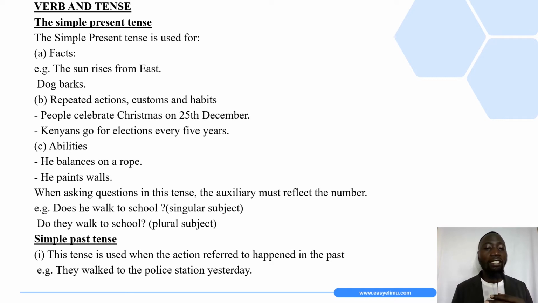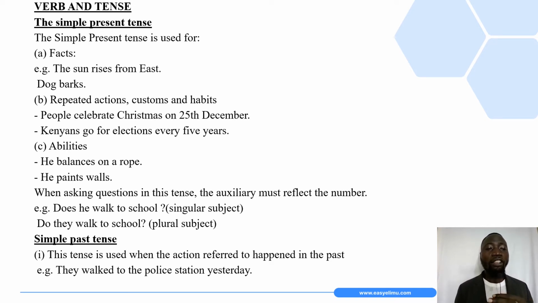Another example of repeated actions and customs or habits is that Kenyans go for elections every 5 years. That is also another custom, another action that we repeat. We know that after every 5 years we elect our presidents.